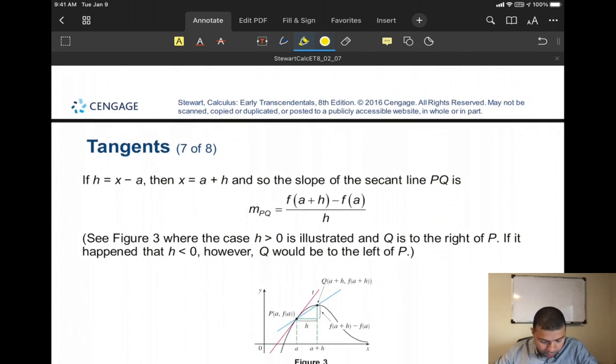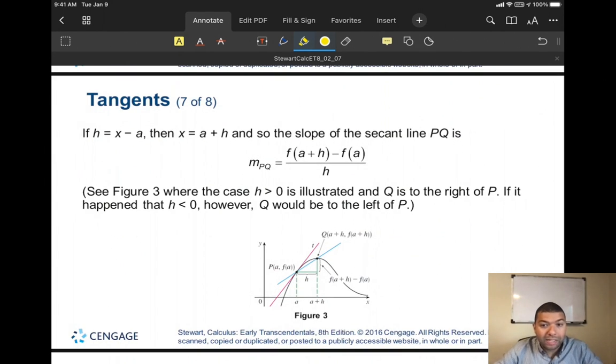Here's another expression for finding the tangent that's usually easier to see. And that's because rather than looking at x minus a, you fix a, and you look at a and a plus h. And then you go f of a plus h minus f of a, which is the vertical, right?